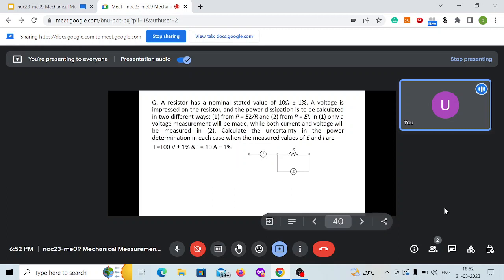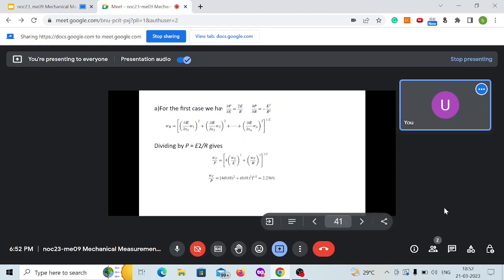So in this case, for the first case, we have to use the uncertainty relation. Here omega is the uncertainty, and R is the function value which has to be evaluated.